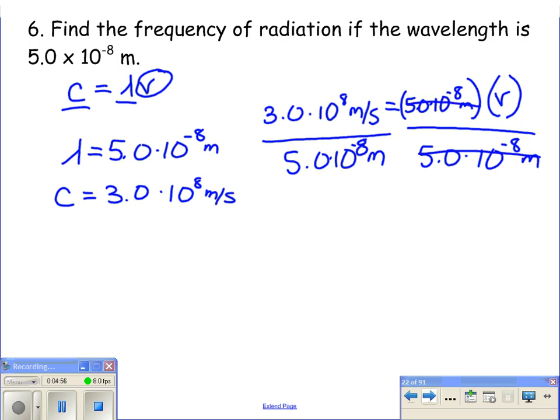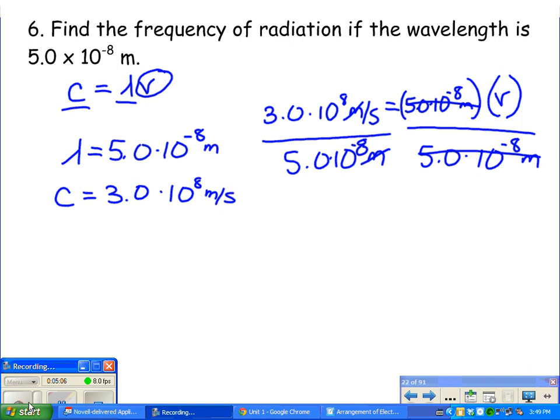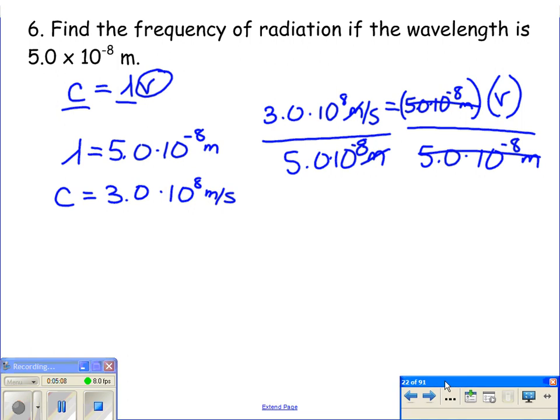The meters will cancel out, and we'll be left with just per seconds, and that'll tell us how many waves per second. And this will give us then 6.0 times 10 to the 15th waves per second.